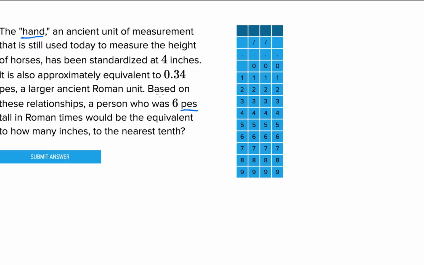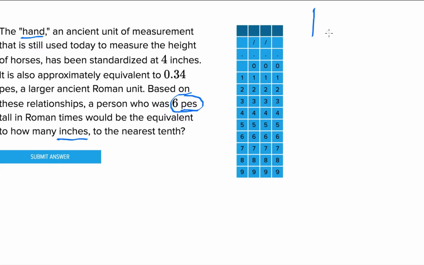So we're given a person who was 6 pace, and we're asked to find what is this person's height in inches. We are told that the hand is equal to 4 inches.